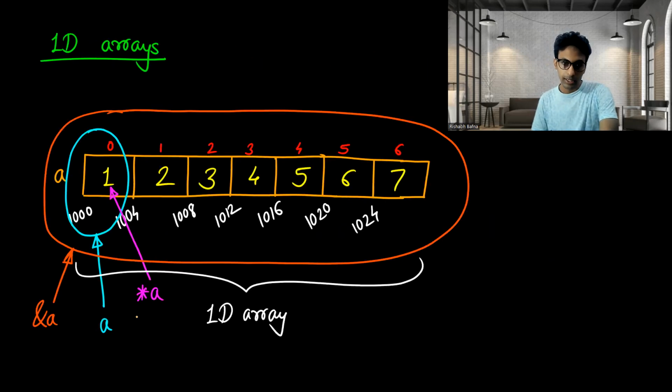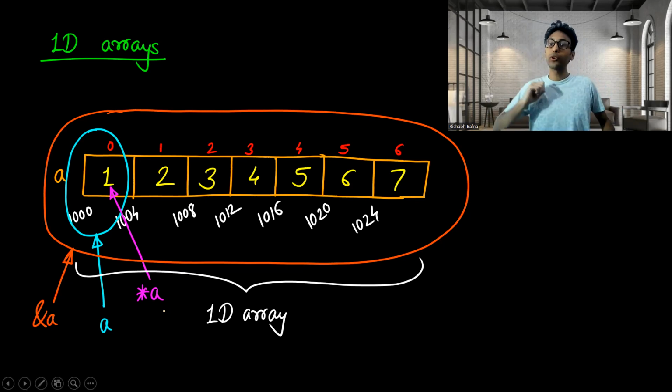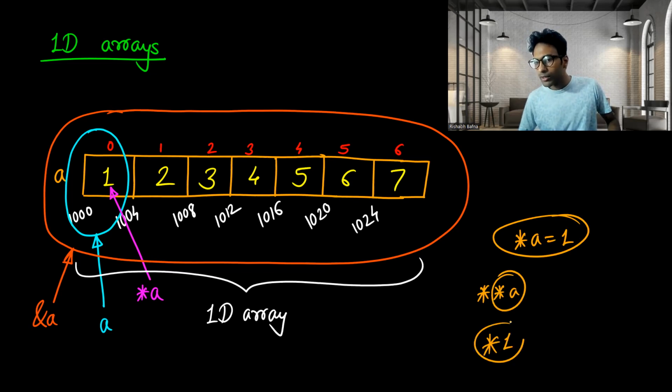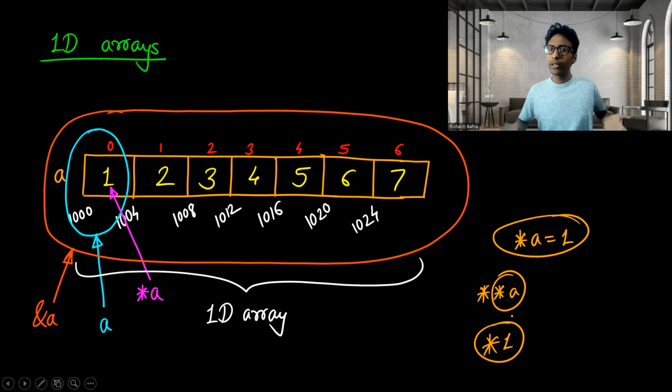See this one. What is star A? Star A is one. If I put one more star, what will happen? Star star A. You are trying to dereference one, isn't it? Already star A is one, and you are trying to dereference this. What will star of one be? There's nothing inside one. Is one a data structure that will have something inside it?